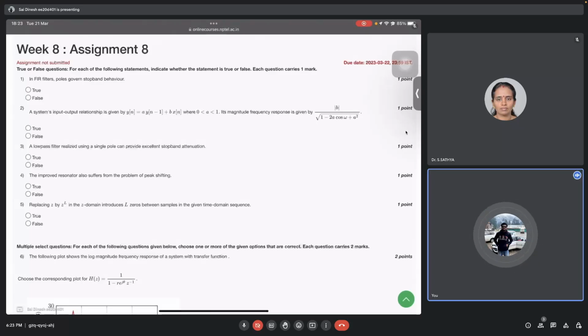Okay, so in FIR filters, poles govern stop band behavior. So we just talked that in FIR filters there aren't any poles basically. So in FIR filters, the zeros govern the stop band and the pass band behavior.